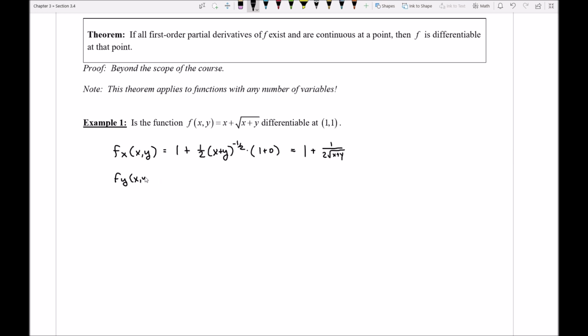Similarly, if I compute my partial derivative with respect to y, I end up with pretty much the exact same thing, except that I won't have that 1 out front. I'll just have 1 over 2 times the square root of x plus y. Again, if I evaluate this at (1, 1), I definitely end up with a value that pops out, implying that my partial derivative exists at this point.